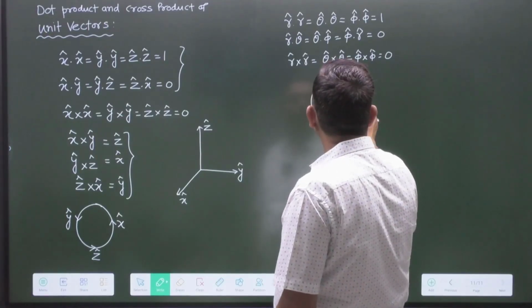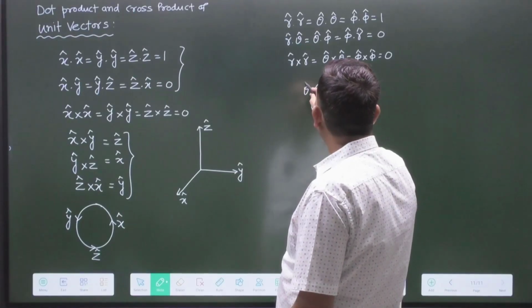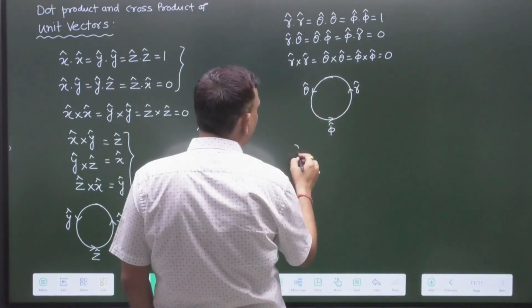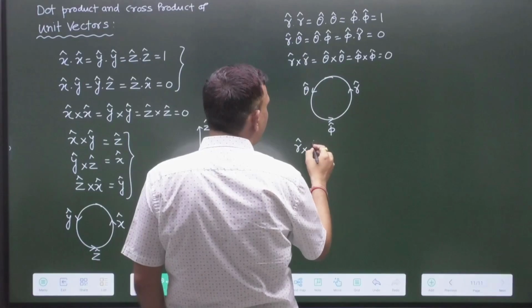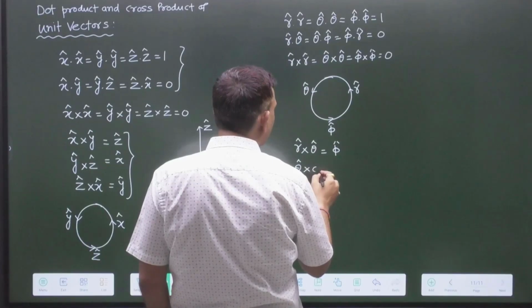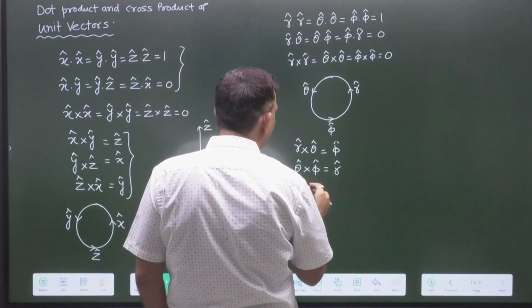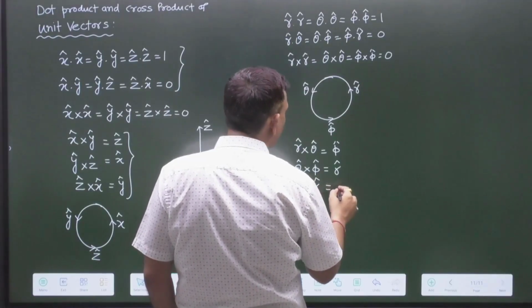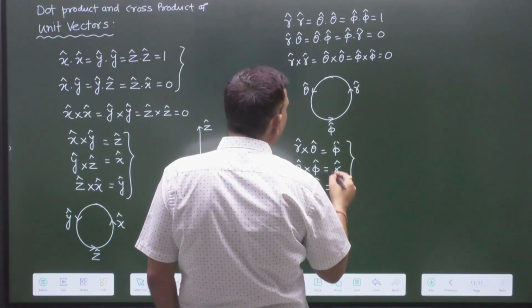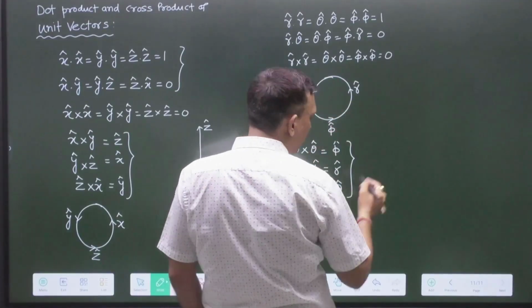And again you can use the right hand rule: r cap cross theta cap is phi cap, theta cross phi is r cap, and phi cap cross r cap is theta cap.